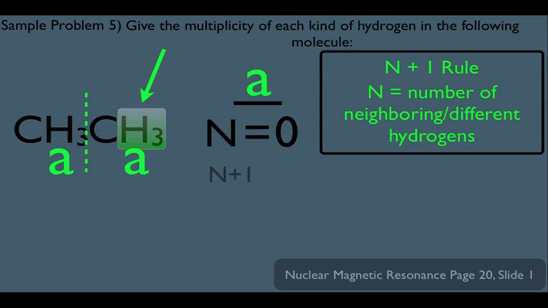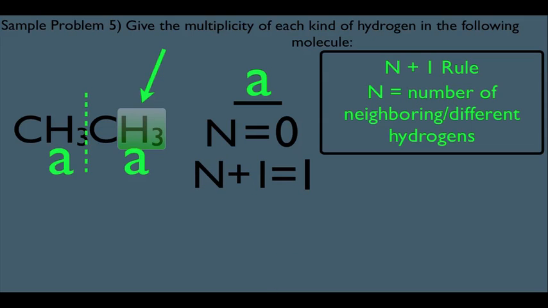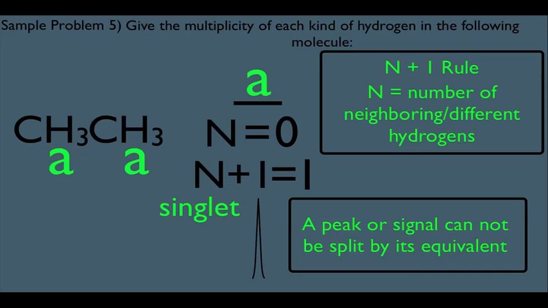And plugging into the formula N+1, we end up getting a value of 1, which means we should expect to see a singlet for these A hydrogens. Here's another way to think about this point. Always remember that a peak or a signal cannot be split by its equivalent, meaning in this case, A hydrogens are not going to split other A hydrogens.